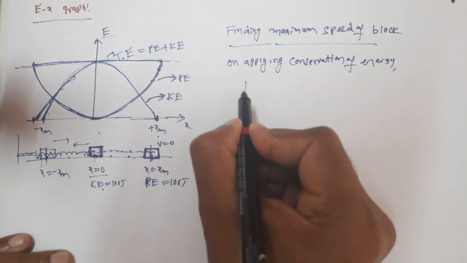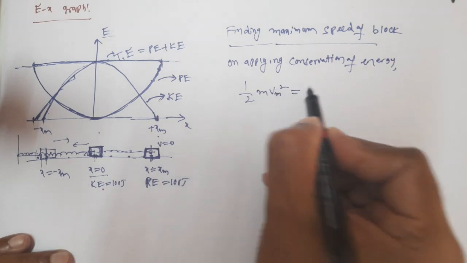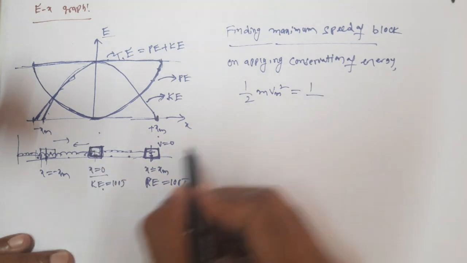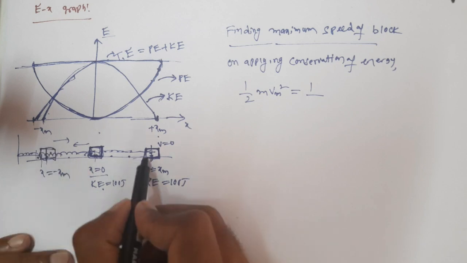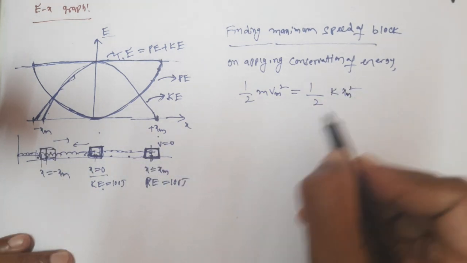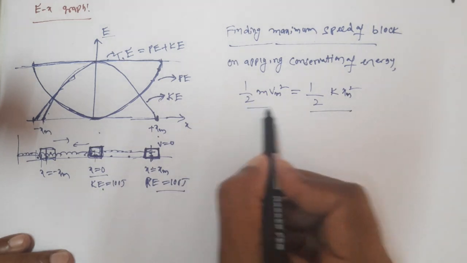Maximum kinetic energy, that is half m vm square, at the mean position is equal to the maximum potential energy stored in the spring at the negative or positive extreme, that is half k xm square. If this value is 100, that value will be 100.